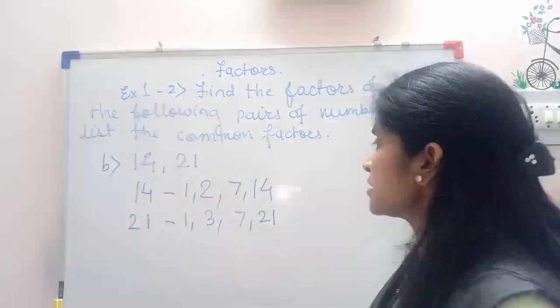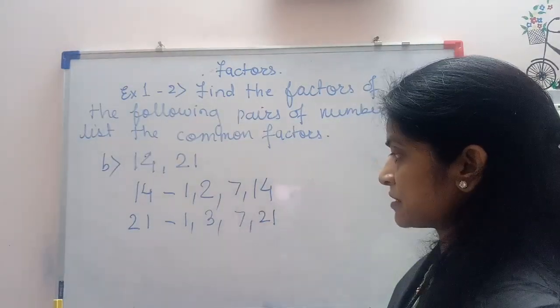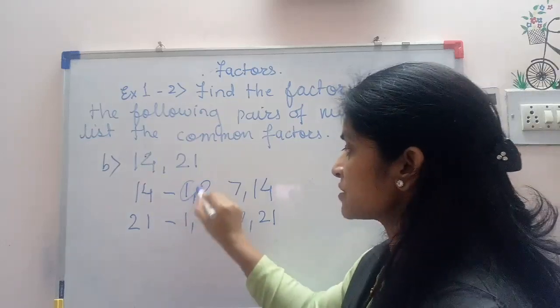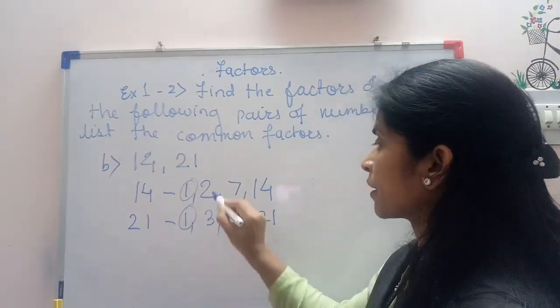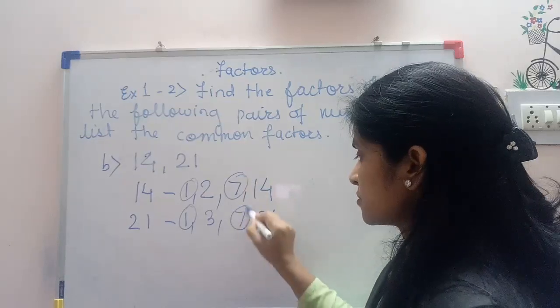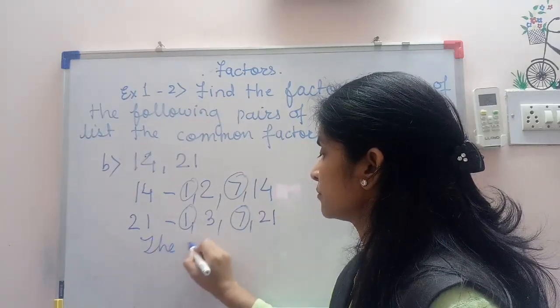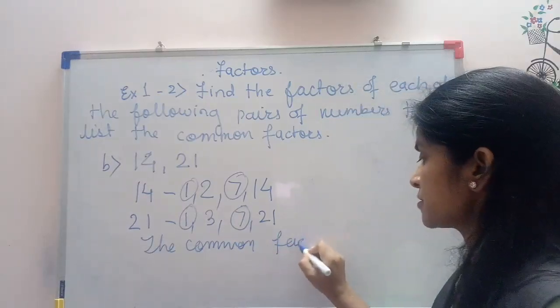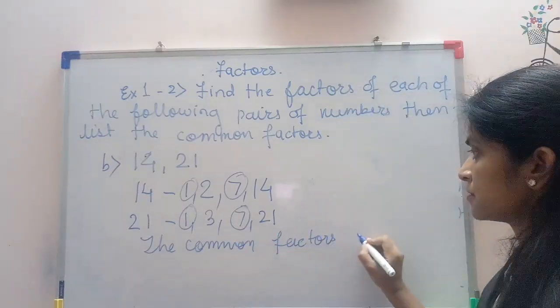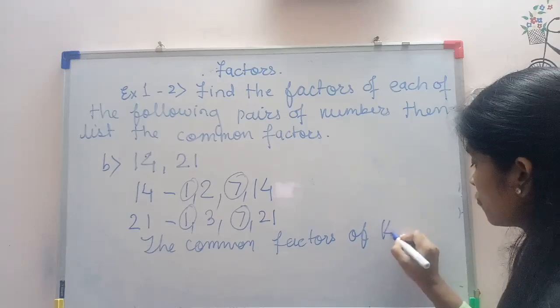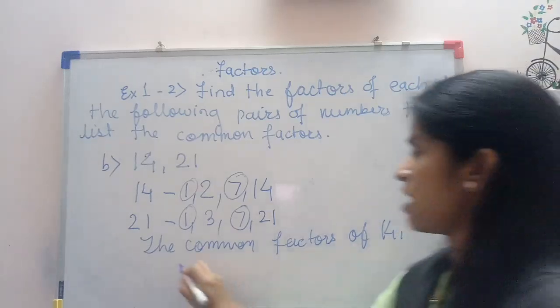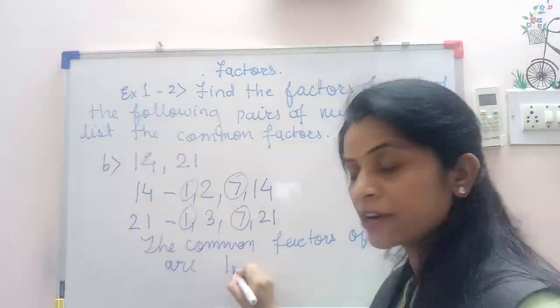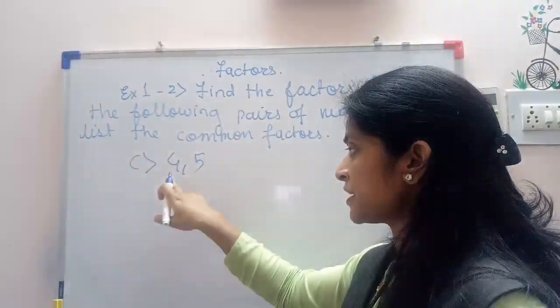Now let's see the common factors. 1 is common in both the numbers. After that 7 is common. So the common factors of 14 and 21 are 1 and 7. The next pair is 4 and 5.